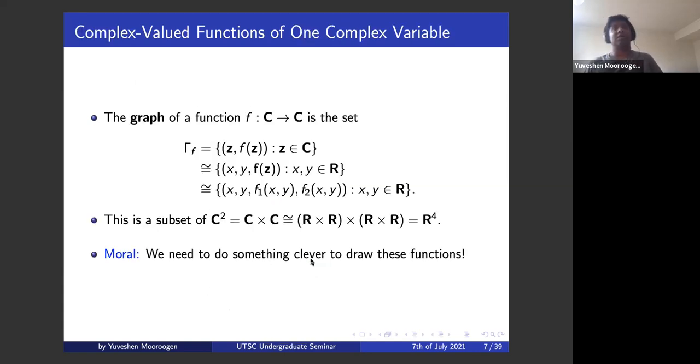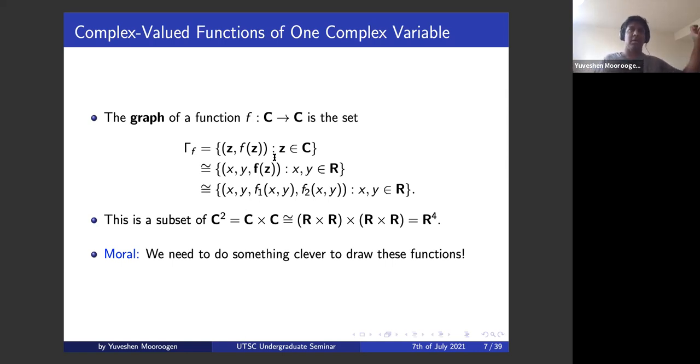But now if you go to functions that go from the complex plane to the complex plane, all hell breaks loose. So the graph, again, is just defined as the input, comma, the output. But the input and the output now have these two things that they depend on.